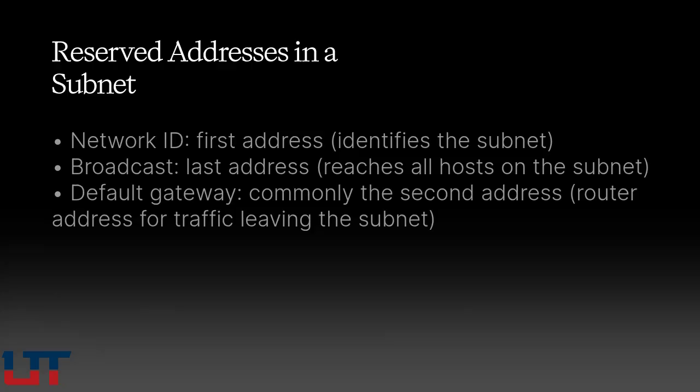A final address that is usually reserved is the second address within your network. It is reserved as the default gateway address, or the address that all hosts within your network should communicate with if needing to send traffic outside the subnet. Remember, our router. We'll talk more about this later.